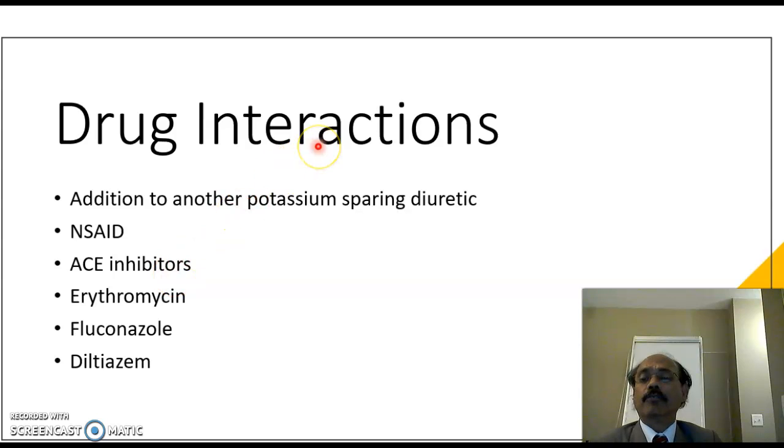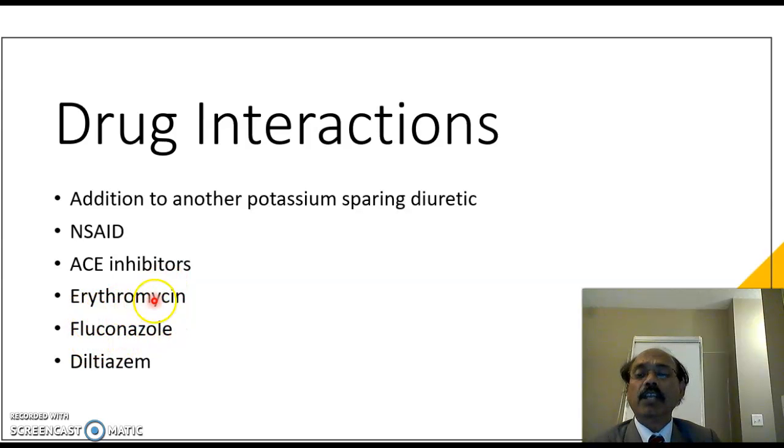Okay, we must know the drug interactions. Addition of another potassium sparing diuretic is a no, that will lead to hyperkalemia. NSAIDs should not be taken simultaneously because both of them use the prostaglandin. NSAIDs are prostaglandin inhibitors, and our diuretic needs prostaglandin, so it will not go hand in hand. ACE inhibitors will alter the renin-angiotensin-aldosterone system.